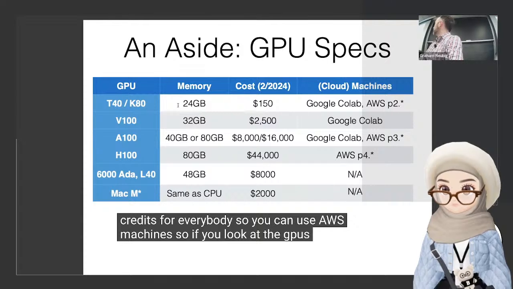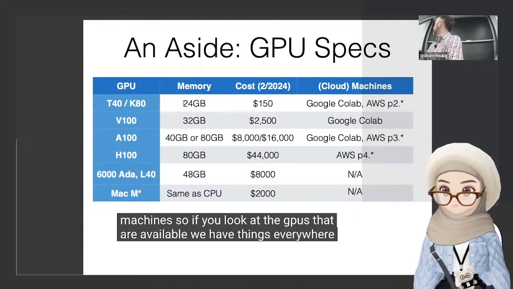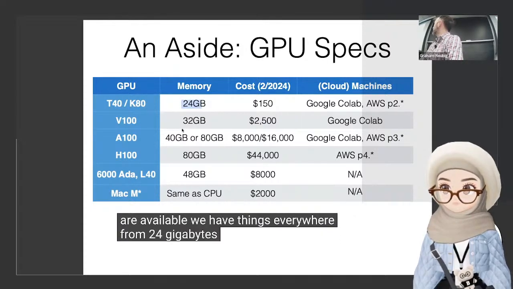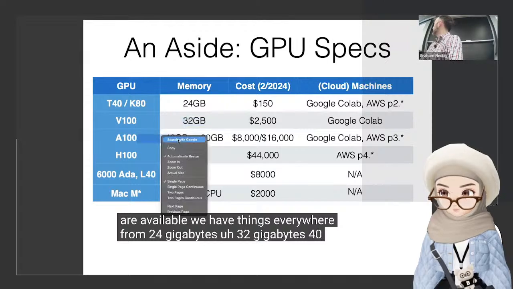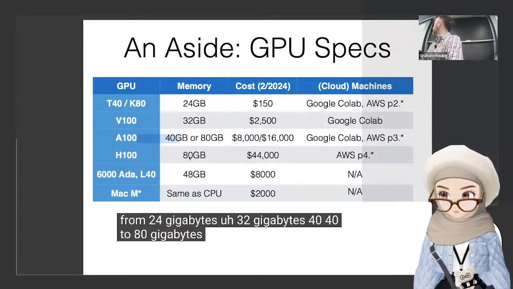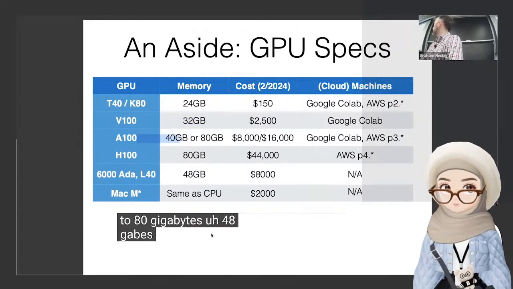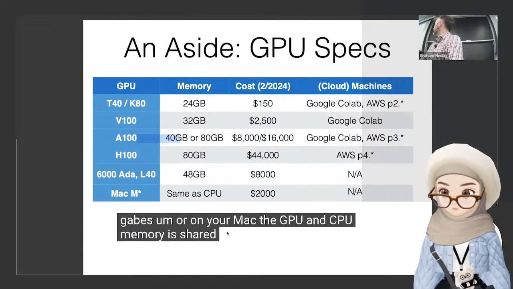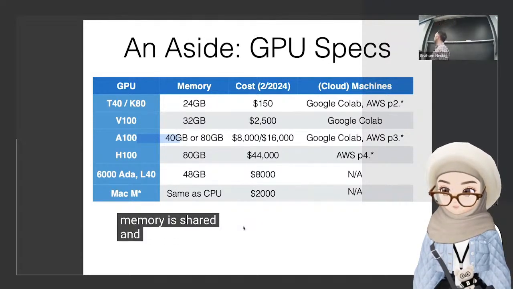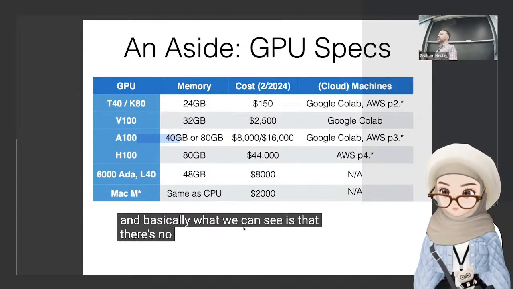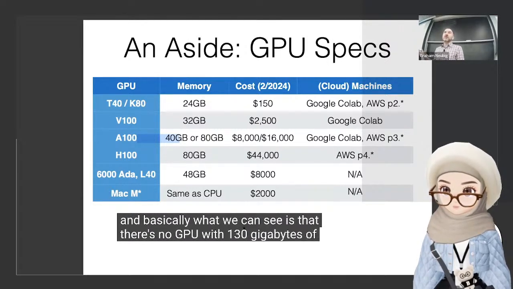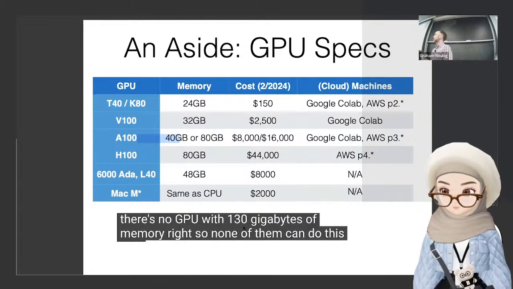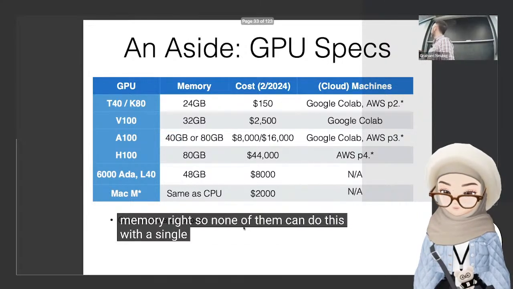If you look at the GPUs that are available, we have everything from 24 gigabytes, 32 gigabytes, 40 to 80 gigabytes, 48 gigabytes, or on your Mac, the GPU and CPU memory is shared. Basically, what we can see is that there's no GPU with 130 gigabytes of memory, so none of them can do this with a single GPU.